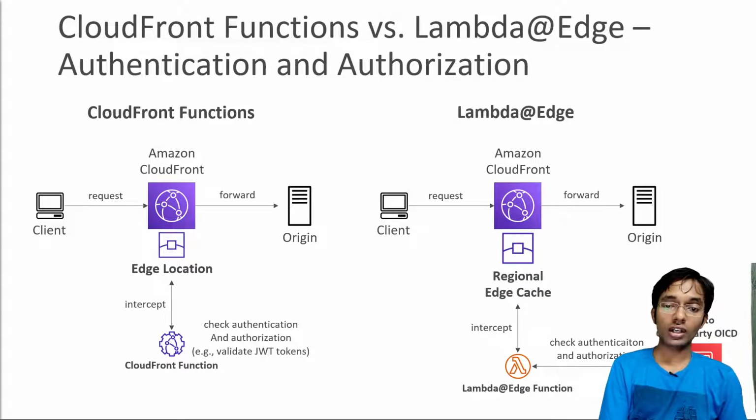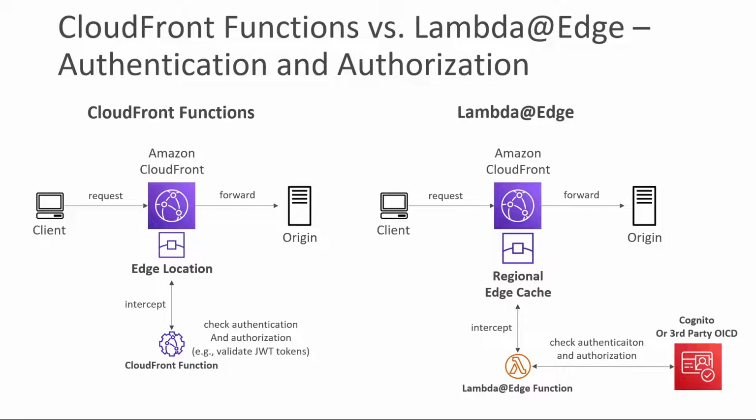If it's not correct, then the client will get an error message directly without having your request go all the way to your origin, whereas your Lambda@Edge functions will operate at the regional edge cache level, and it could be intercepted by a Lambda function, which can do some custom logic and even issue third-party API calls to check whether or not the authorization or authentication is possible. So this could be Cognito or a third-party OIDC.